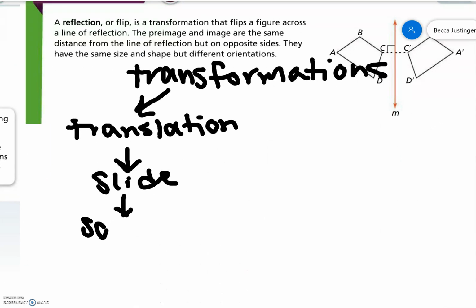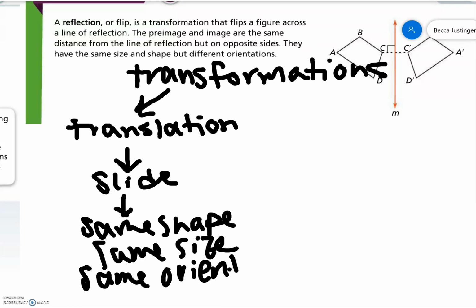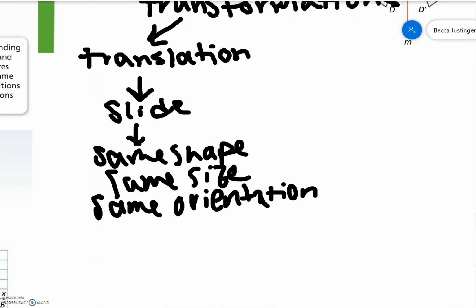So it had the same shape, same size, same orientation, the way it was facing. The only thing that was different was the position. So different position.